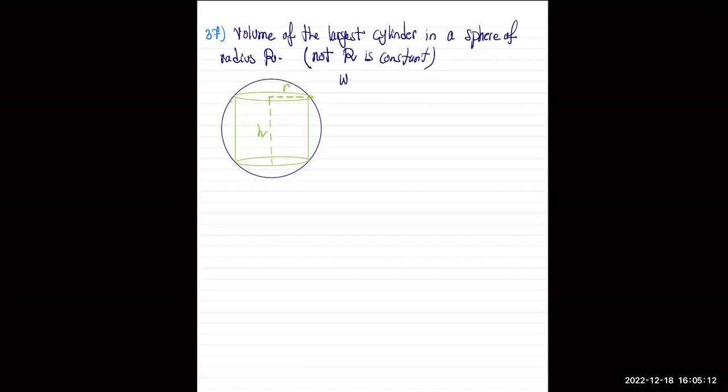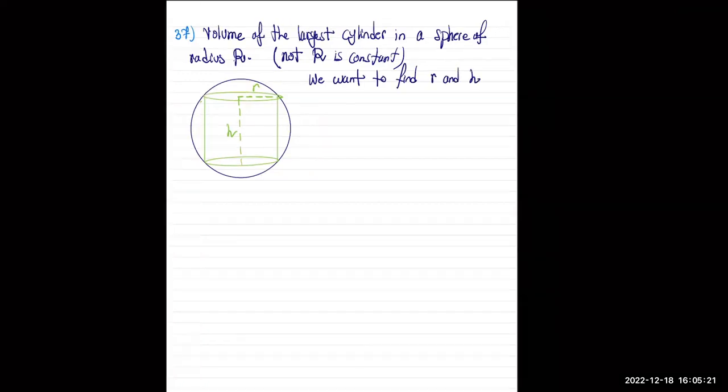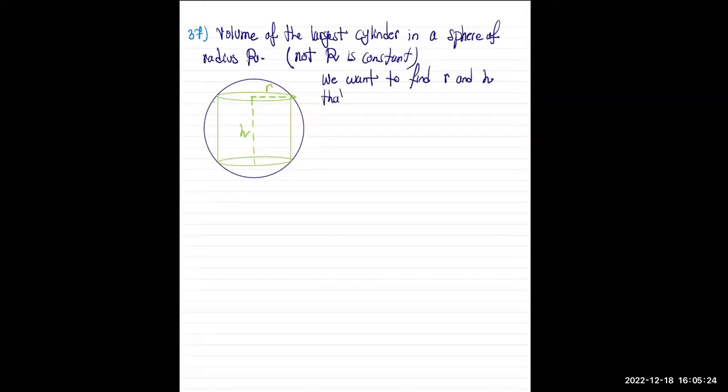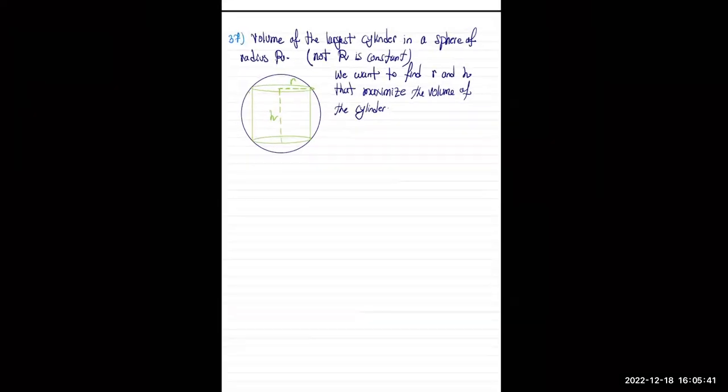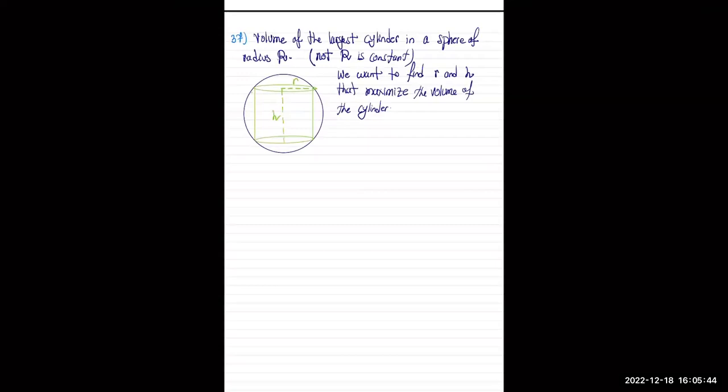We want to find little r and little h that maximize the volume of the cylinder, the dimensions. So step one is to draw the picture, and we did.